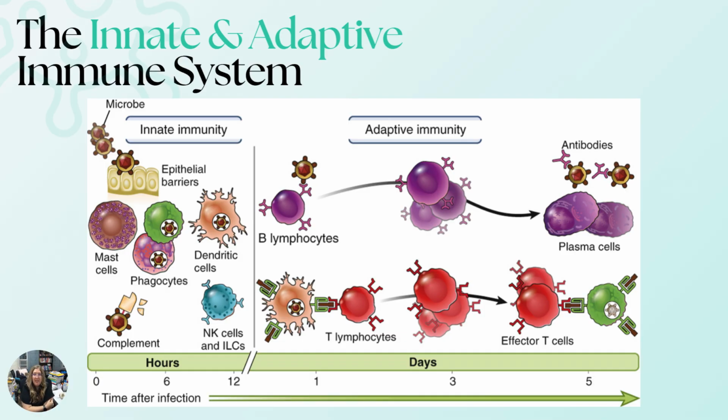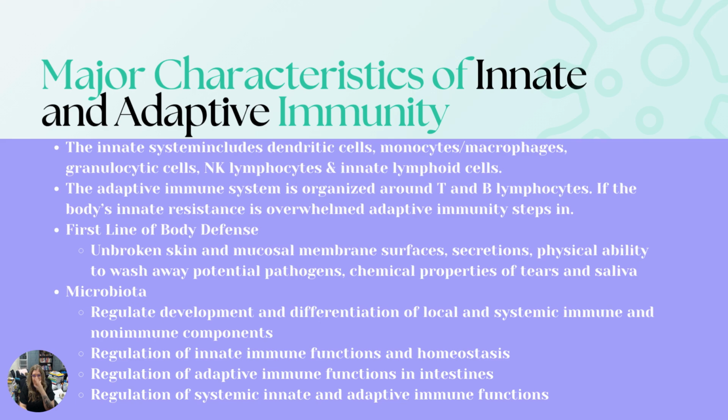Adaptive immunity takes longer to develop, but once it does, it gives us something the innate immunity doesn't have the time to give us to the same degree, and that's the specificity and memory. So that's why these two systems really complement each other rather than compete with one another.